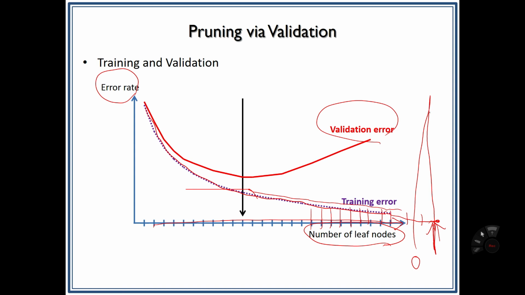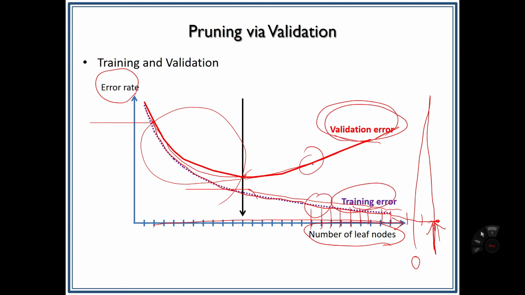But as we make that tree simpler by pruning, the validation error will decrease, and at some point it will increase again, right? If by passing some points in this range, that decision tree is too simple. So by pruning, by decreasing the number of leaf nodes, we observe these two errors, training error and validation error, and we decide the number of leaf nodes at which we stop.